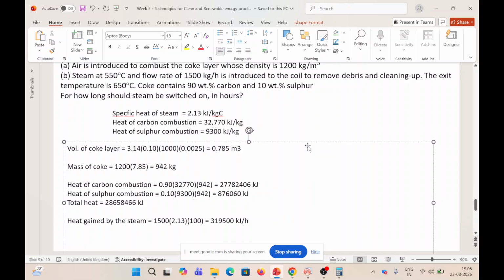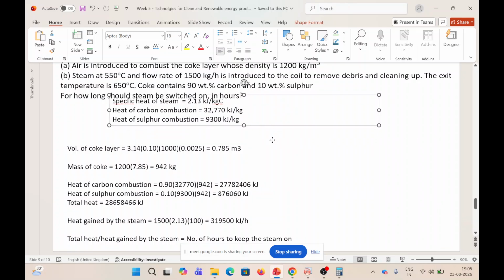Now, if you divide these two, you will be able to calculate for how long you are supposed to keep the steam on. So, total heat divided by heat gained by the steam is going to be equal to the number of hours to keep the steam on.